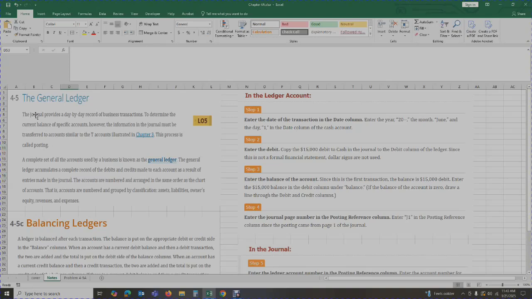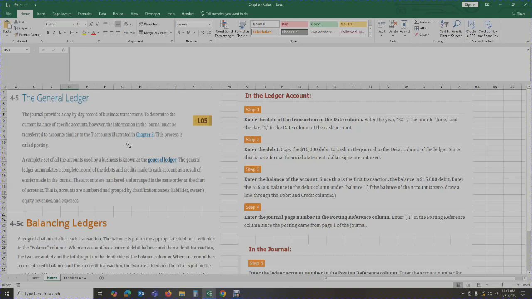The journal provides the day-to-day record of the business transactions. So that's when we do our journal entries. But that does not give us the ending balances of our accounts. In order for us to be able to figure out how much cash I have, how much supplies I have, I have to transfer that information over from the journal to the ledgers to be able to determine the ending balance of each specific account.